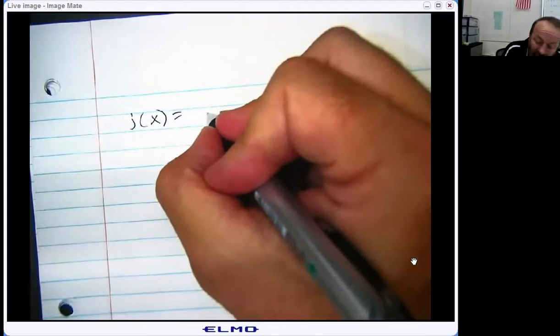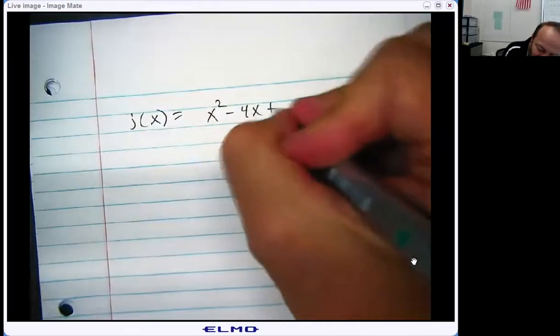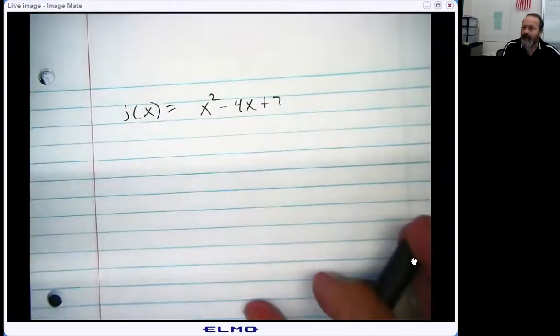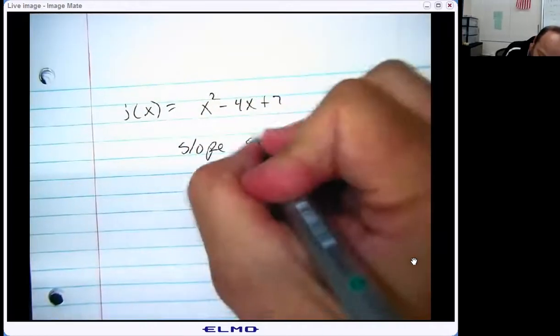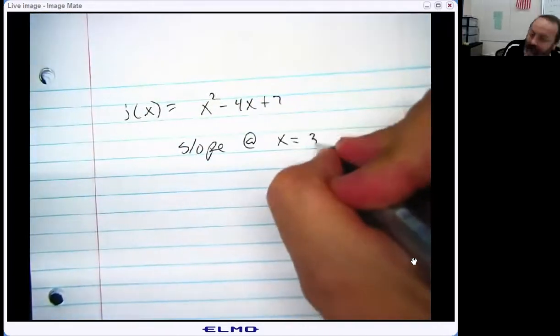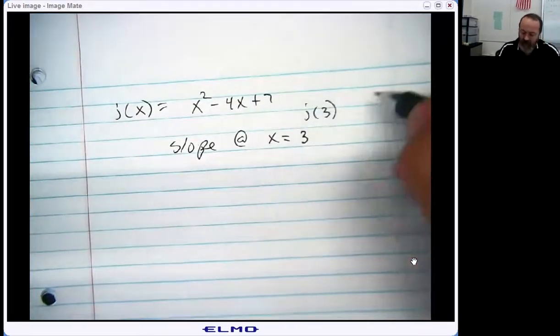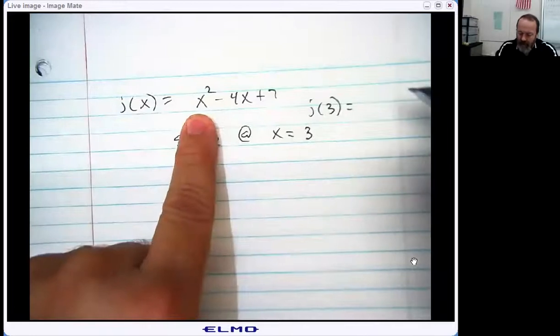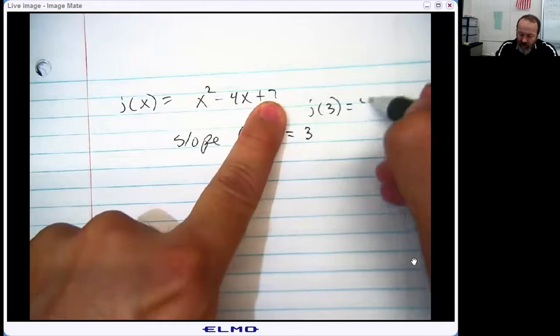So imagine that we had x squared minus 4x plus 7, and I wanted to find the slope at x equals, let's say, 3. So the first thing I would want to know is, what is j of 3? If I plugged in 3, I'd get 9. 9 minus 12 is negative 3, plus 7 is 4.